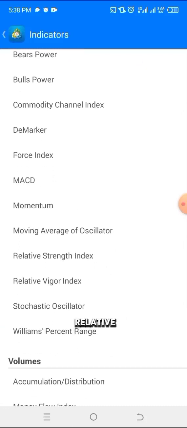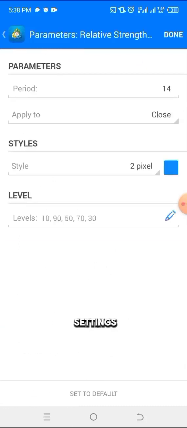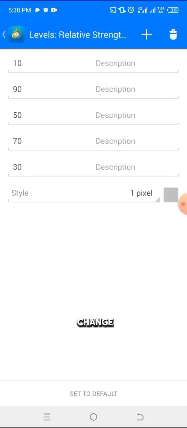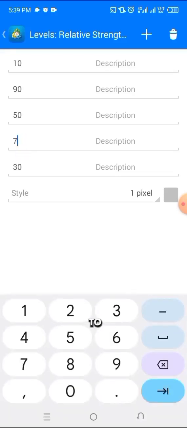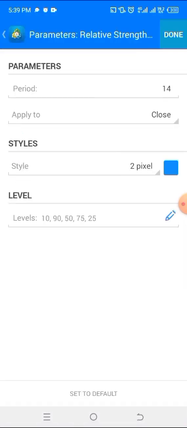So it's called the relative strength index. In the settings, we are going to change the levels. So you're going to add a 10, a 90, and a 50, and you're going to change the 70 to 75 and the 30 to 25, and you tap done.